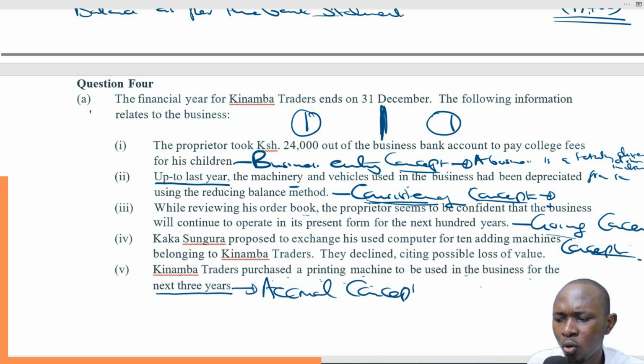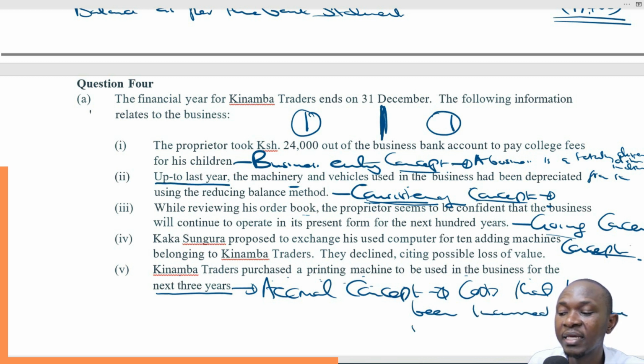And the accrual concept simply allows us to charge the costs that have been incurred in the respective years.